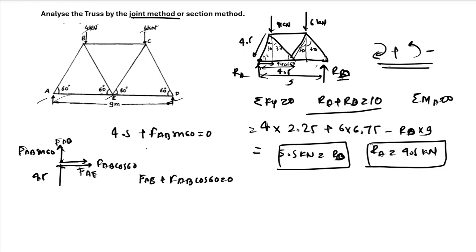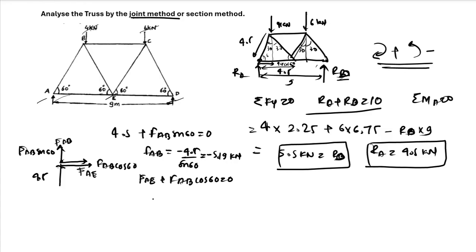From the first equation, we have FAB as minus 4.5 divided by sin 60, which makes the value of FAB minus 5.19 kilonewton, because we are solving in kilonewton only. 4.5 is in kilonewton, so 5.19 in kilonewton.